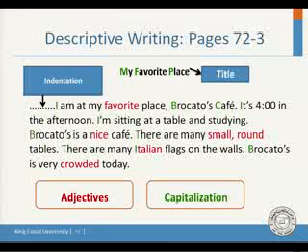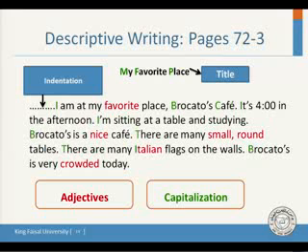Again, if you look at this paragraph, here we are talking about the description. You can see that we start the first sentence leaving a small space from the margin. We call this indentation. You do not start at the beginning of the line. And My Favorite Place is the title of your paragraph or topic.